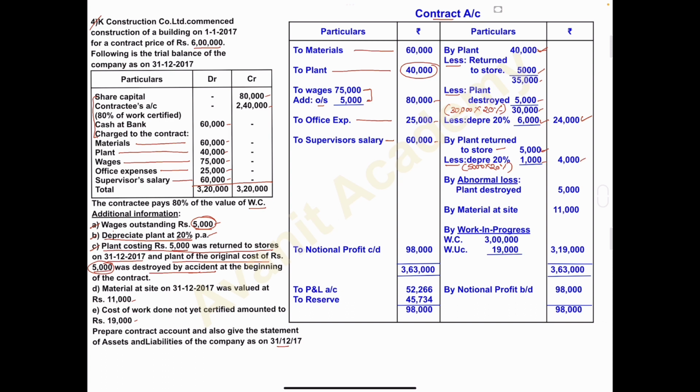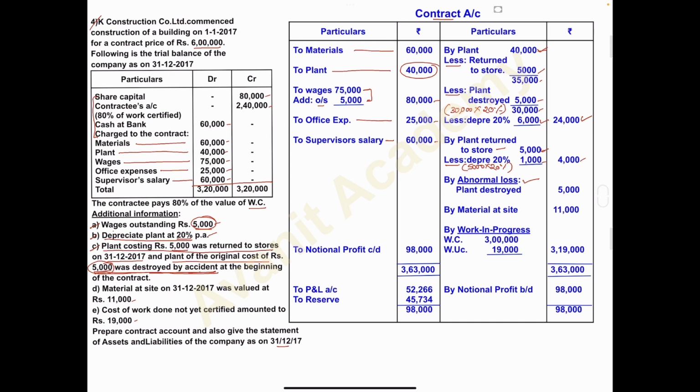So plant costing rupees 5,000 was destroyed by accident. See the point C, plant costing rupees 5,000 was destroyed by accident. So it is a loss. So under the head abnormal loss, we'll take plant destroyed by abnormal loss. In that, right, plant destroyed.